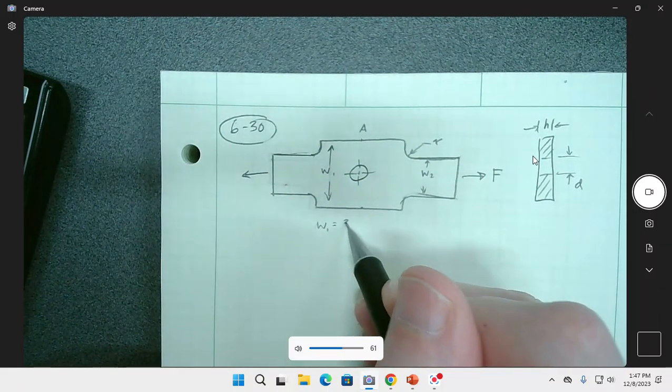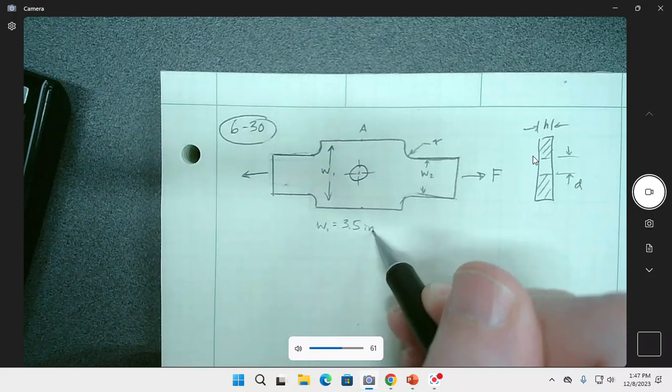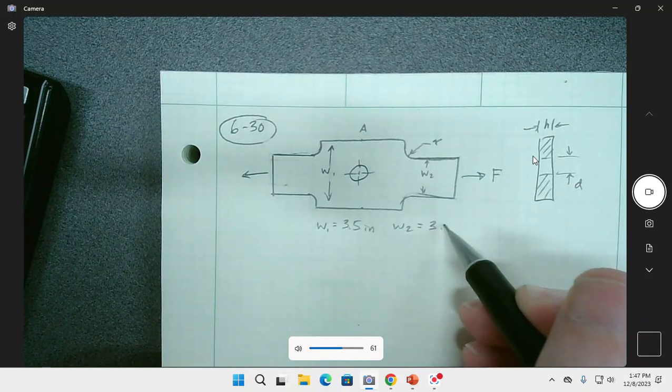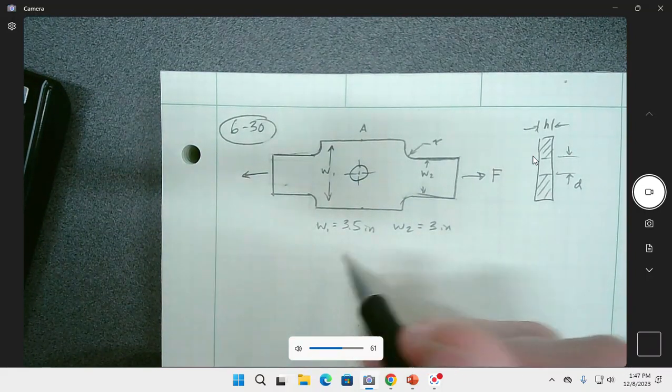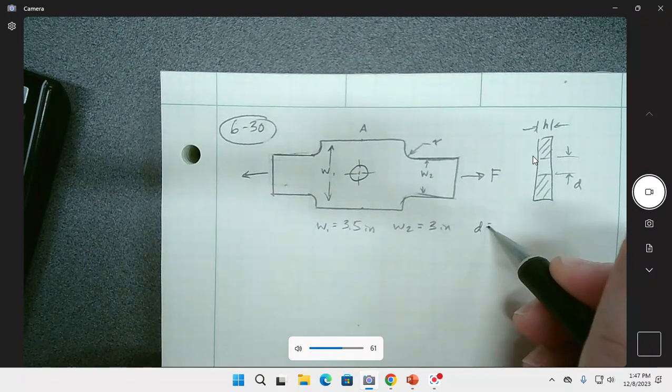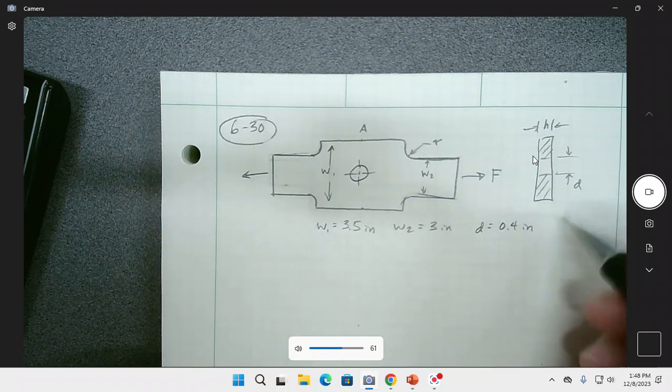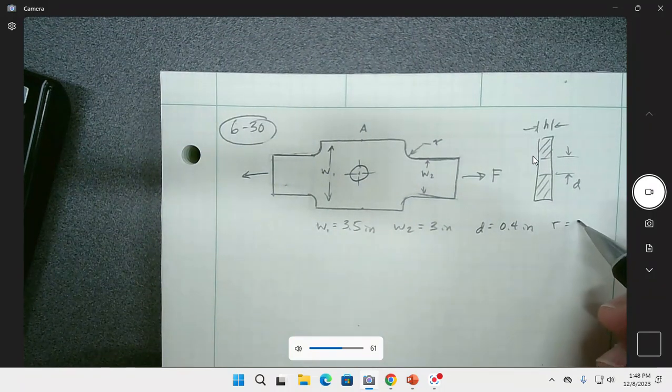So this is 3.5 inches wide and 3 inches there. And what else do we have? OD is equal to 0.4 inches and R is equal to 0.25 inches.